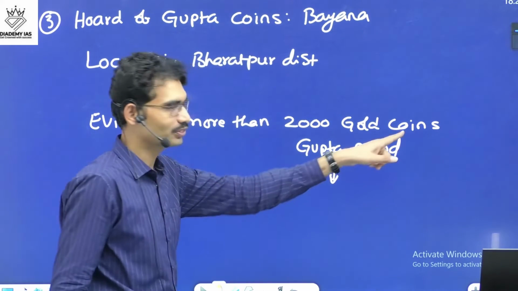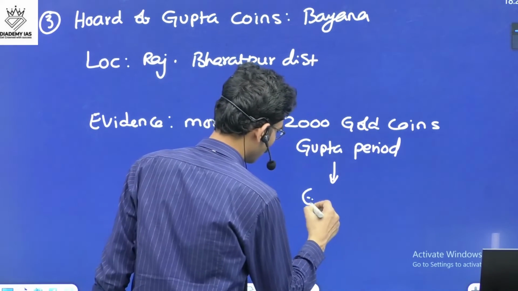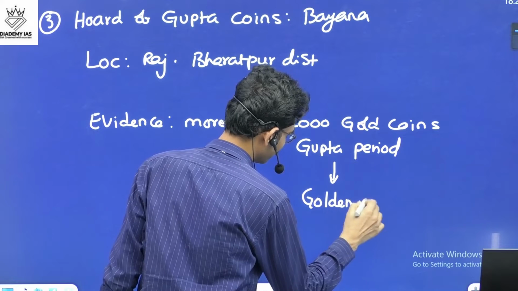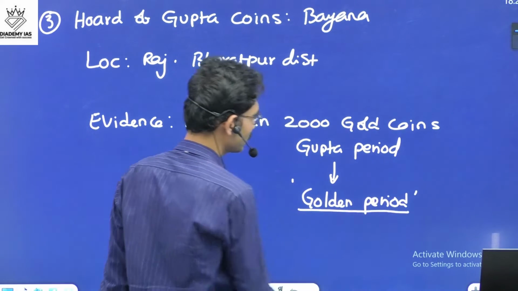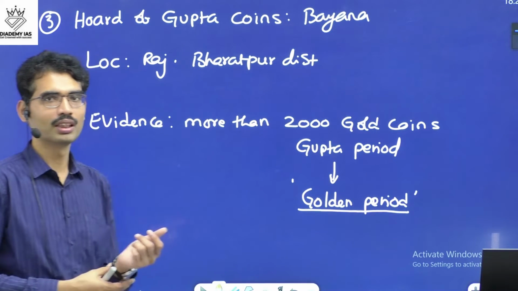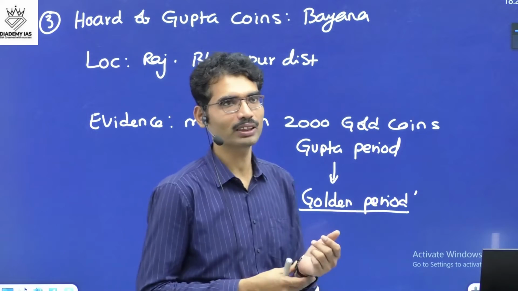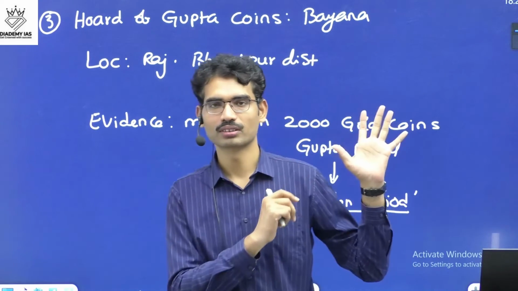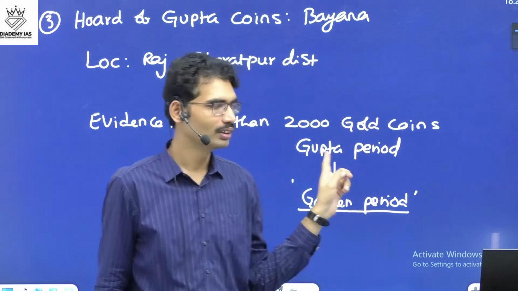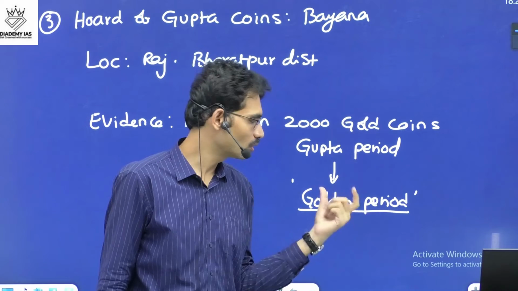And based on such findings, the Gupta period was called the golden period, because so many gold coins were issued during the Gupta time period. Even though, purity-wise, the Kushana time period had more purity, during the Gupta time period a large number of gold coins were issued.